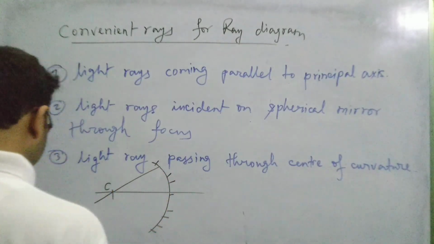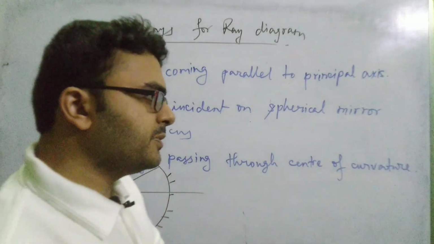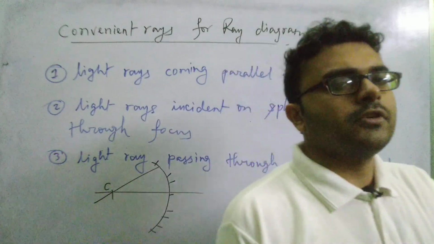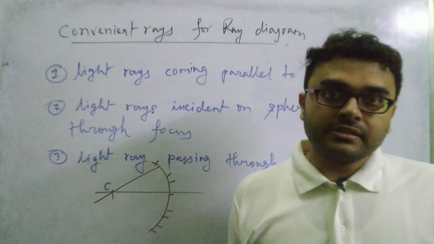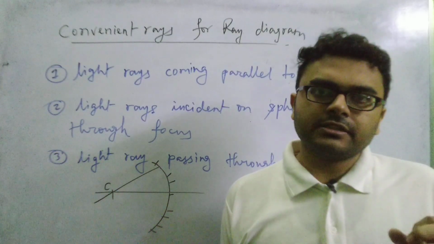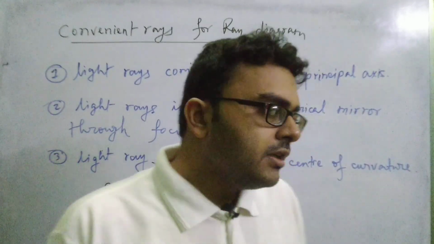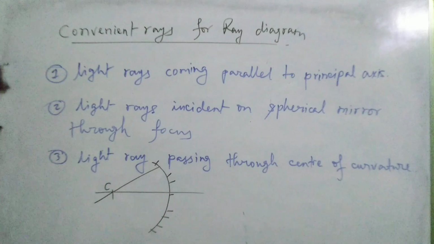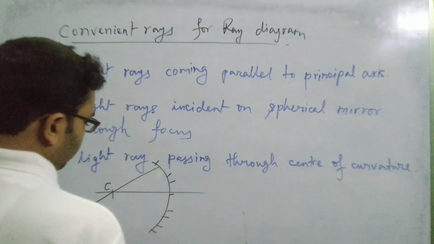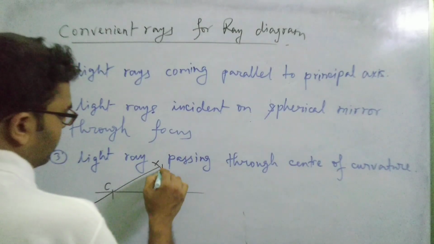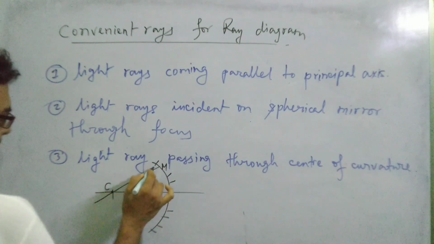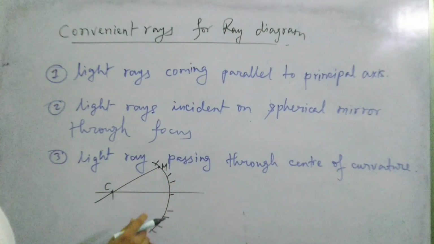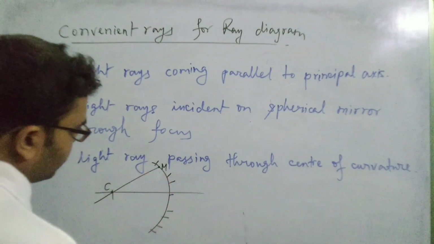Now you must have read in mathematics or you must be doing in geometry that for a circle the radius is always perpendicular to the tangent drawn at that point. Okay, so if I consider that the light ray is passing through C and falling on a point say M on the mirror, then this particular part of the light ray CM, isn't this the radius of curvature?